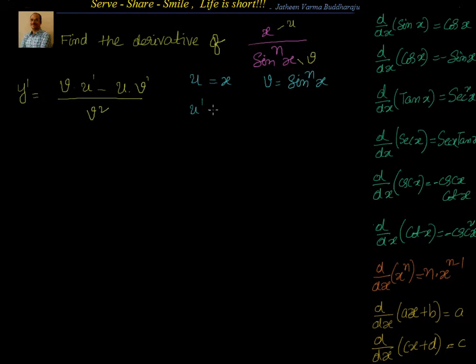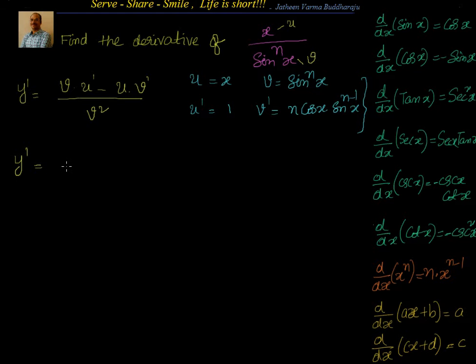What is u dash? U dash is equal to 1. What is v dash? V dash, just now we found, is equal to n into cos x into sine to the power of n minus 1 into x. We know that. So let's go straight forward and substitute in the formula.